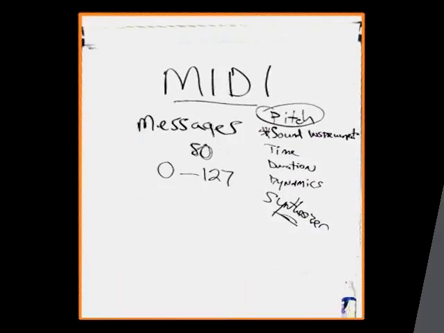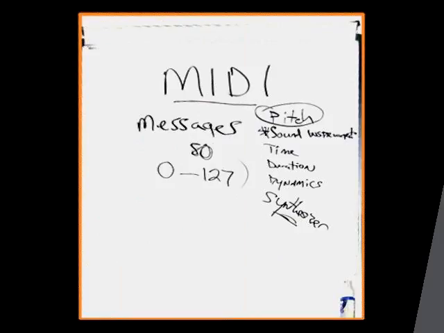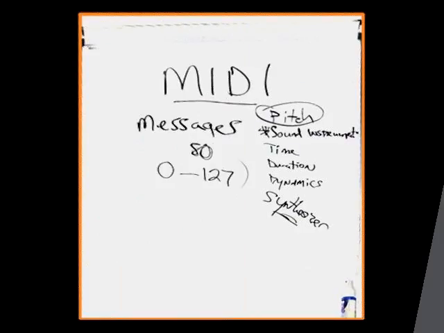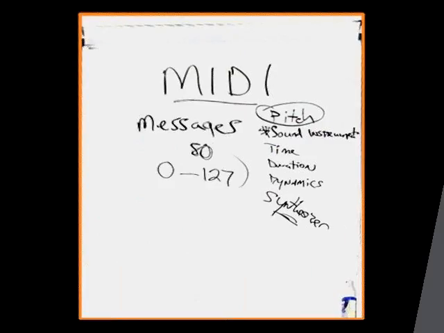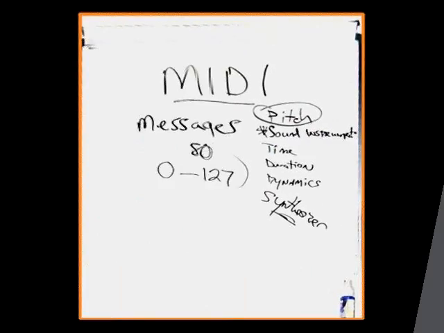This number from 0 to 127 is the same range we use for which instrument it is, for how much duration, for what the dynamics are. So for example, loud is 127 and soft, or no sound at all, is 0.